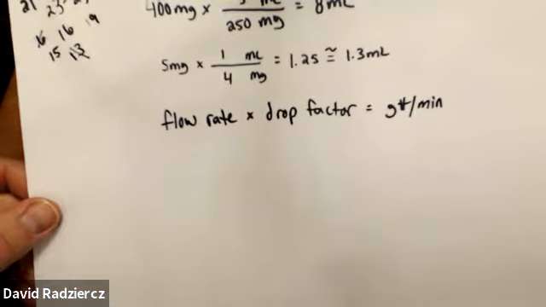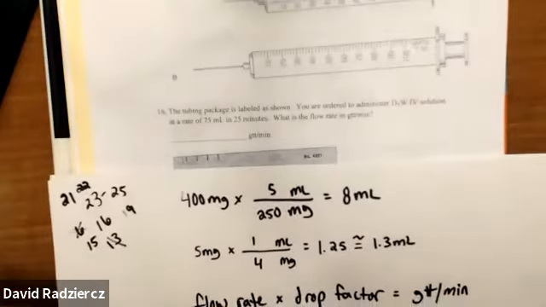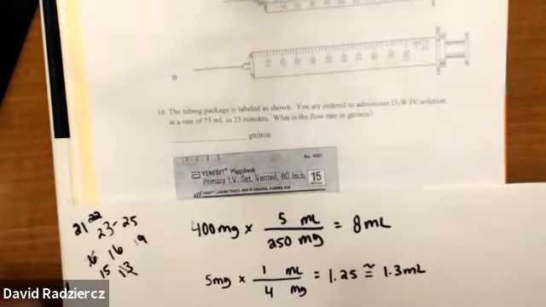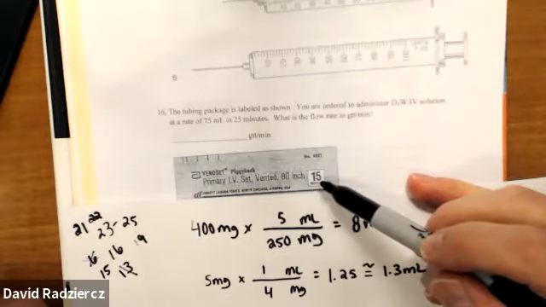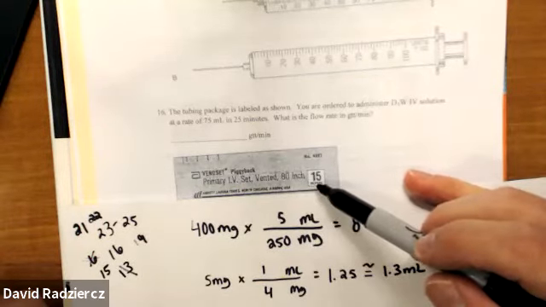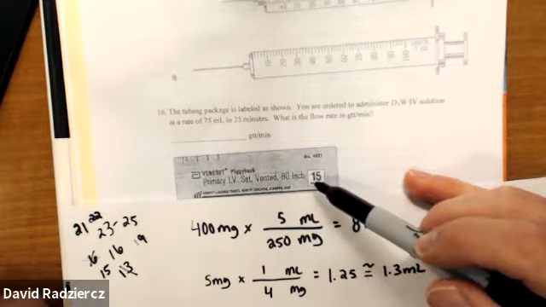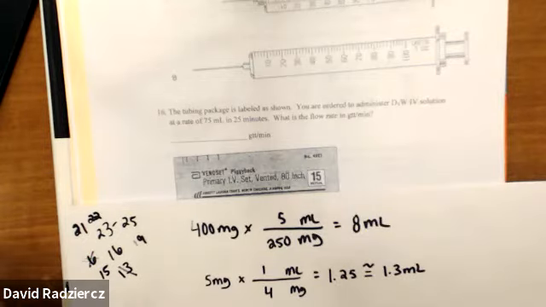Okay. So number 16 says that the tubing on the package is labeled as shown. So you can see here that number 15, it tells you, and then if you zoom in or look at your own practice sheet, 15 drops per milliliter is what that says. So that's your drop factor. Okay. At CCAC Allegheny, your drop factor will always be given to you. If you're at another campus, a lot of times they'll ask you and not give you the drop factor.